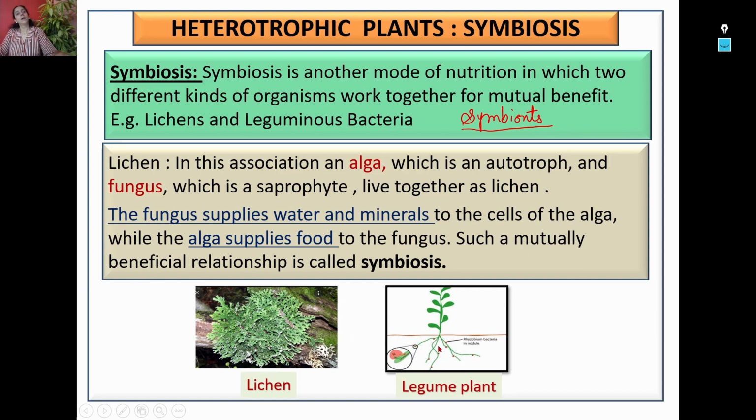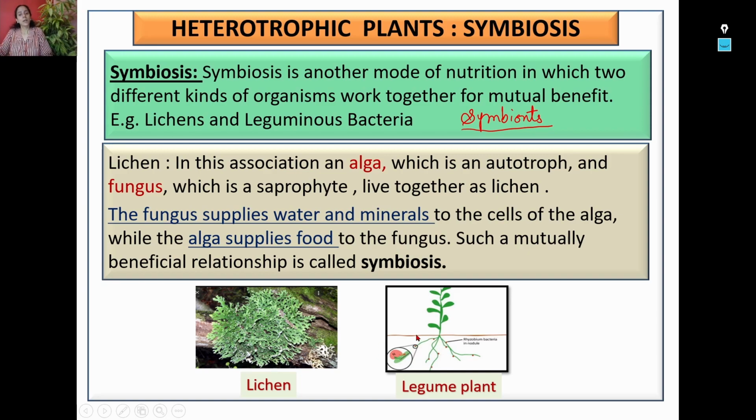We have another example of symbiosis from the plant kingdom only, where leguminous plants like peas, pulses, their roots have small node-like structures, outgrowths, tuber-like structure. There resides one bacteria called rhizobium that helps the plant by fixing atmospheric nitrogen, and in return the plant gives it water and other minerals for its growth and development.